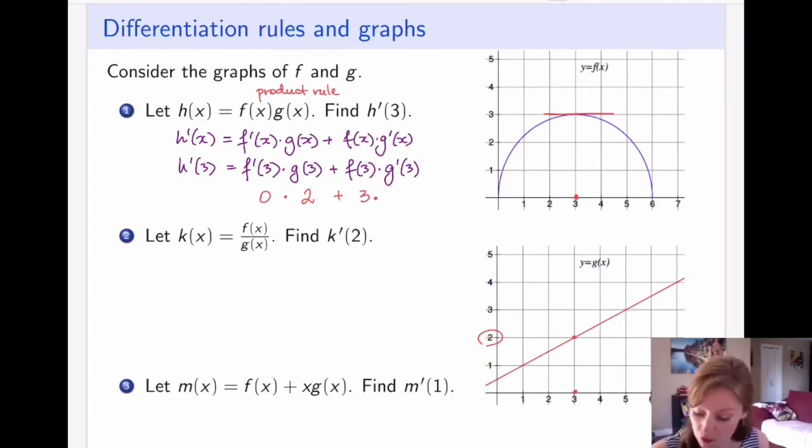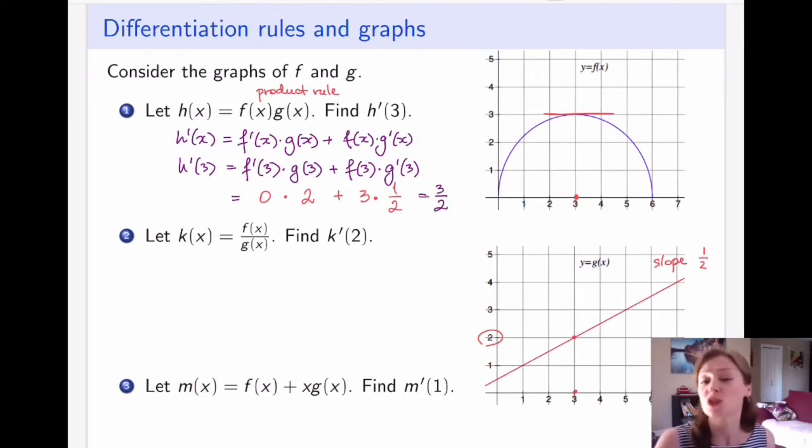So I'm going to figure out what is the slope of the tangent line at 3. Now, luckily for me, g is just a straight line. So the tangent line to the straight line is itself. So I just have to figure out what is the slope of this line. Well, it's rise over run, and doesn't matter which 2 points you take. The slope of this line will always be a constant, and it's rising 1 and it's running 2. So 1/2. So overall, my answer here will be 3/2.